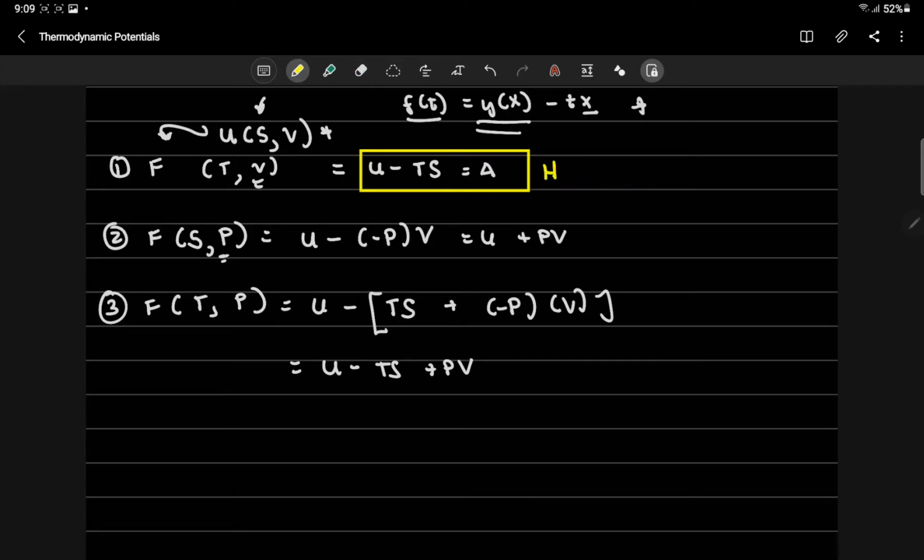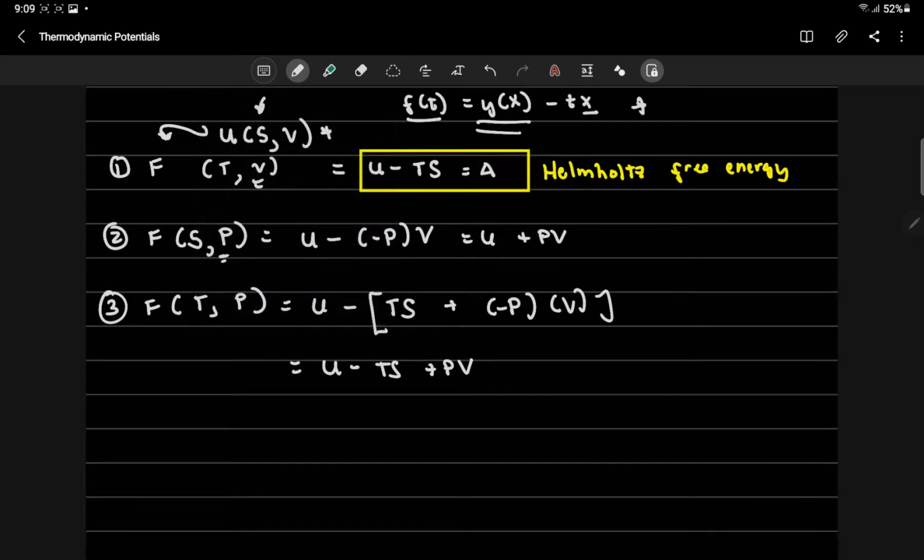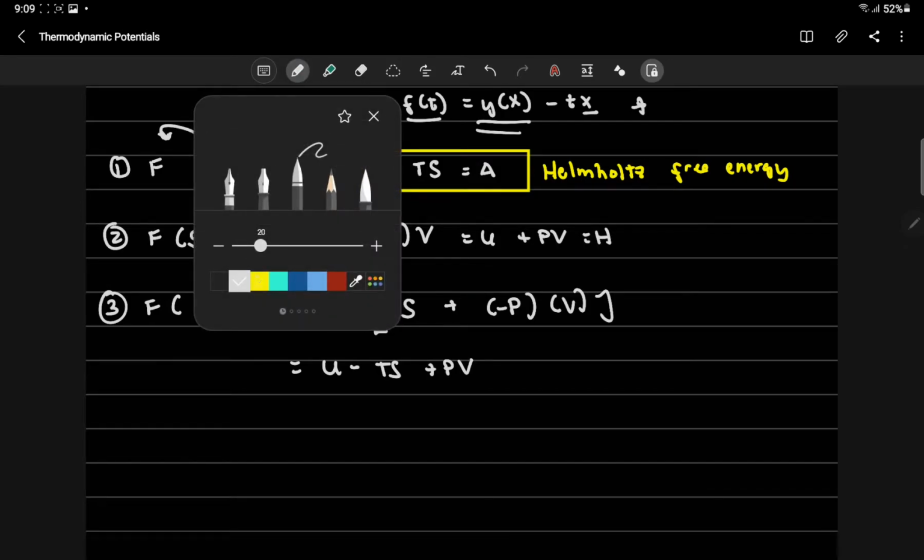Or Helmholtz free energy. Next, yung pangalawang ginawa natin, U plus PV, well, dapat at this point, alam nyo na kung ano yung expression na yun kasi we were able to introduce that in the beginning pa lang, noong pa lang first law of thermodynamics. So if you recall, U plus PV is just simply your enthalpy.